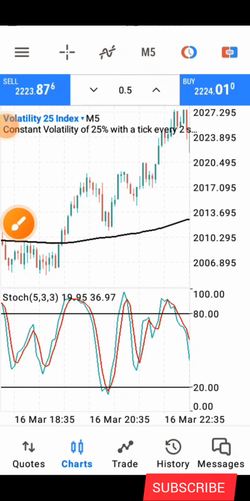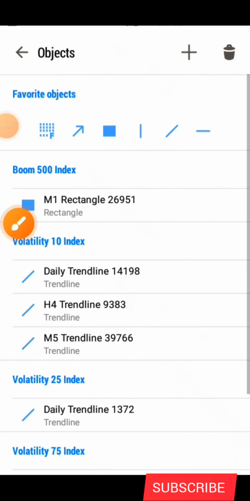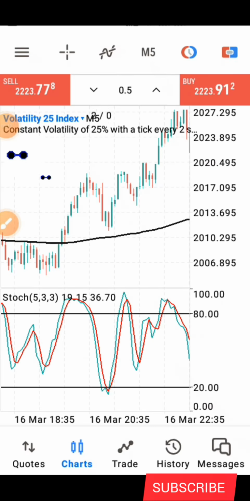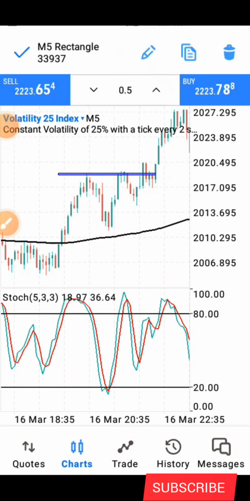What you are expected to do is that you bring out your horizontal tool here, you mark that structure there, you mark the tip of that candlestick. All right, you mark it, and then all you have to do now is to just sit, relax, and wait for price to break above that structure. You need to wait for a candlestick to break and close above that structure.